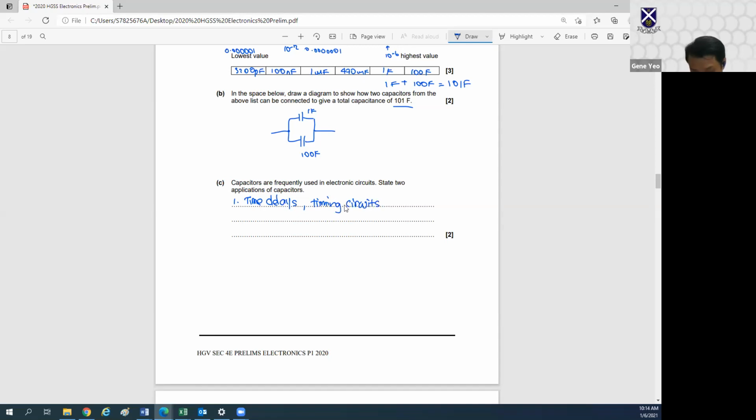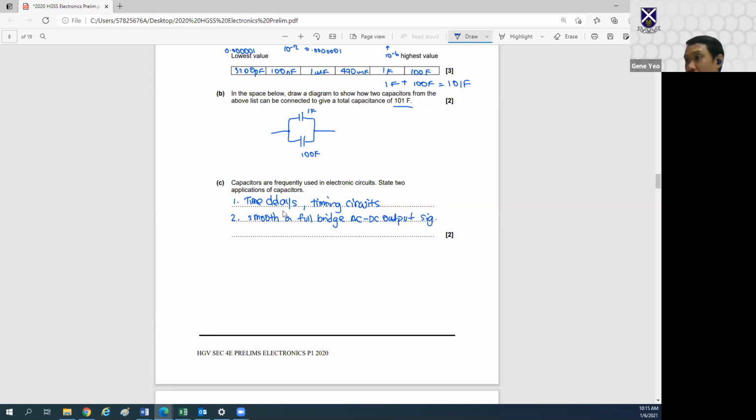Okay, something to do with time. You can say it is used to smooth out a full bridge AC to DC output signal.